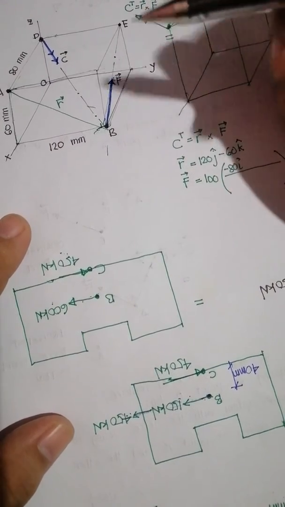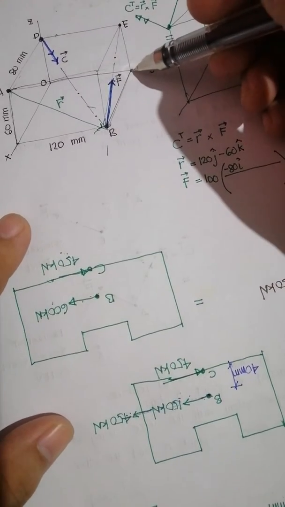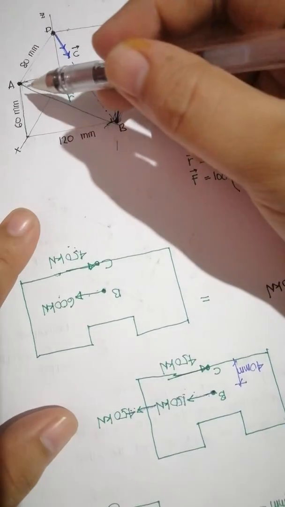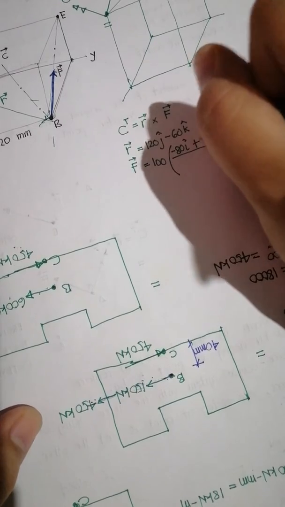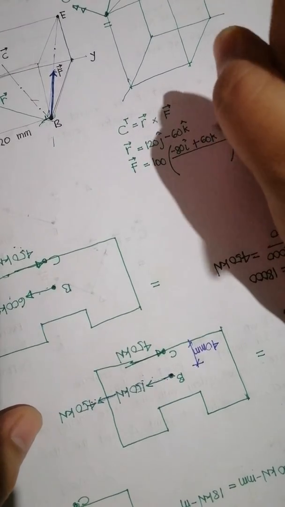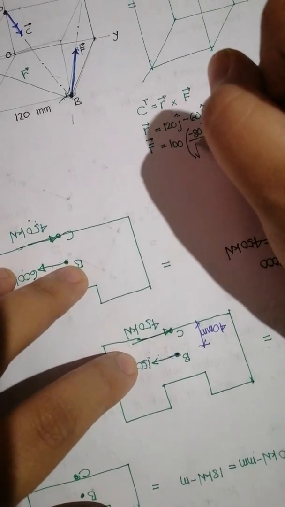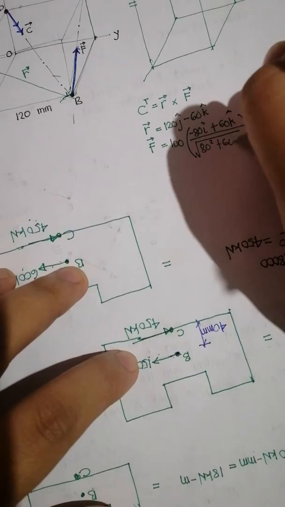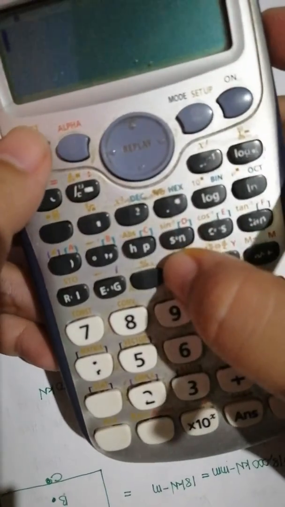It doesn't have a j hat because it's acting at the zx plane. Then for the k hat, this distance is equal to 60, so we have plus 60 k hat, all over the square root of 80 squared plus 60 squared.